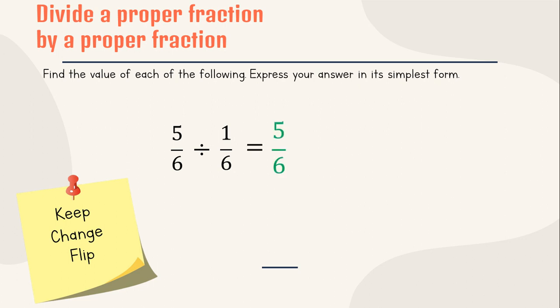Keep the 5/6. Change the division into multiplication, and 6/1. Can we simplify something? Yes. That's 6 and that's 6, so 1 and 1 there. Now 5 times 1 equals 5 and 1 times 1 equals 1. So the answer is 5. 5 per 1 is 5.